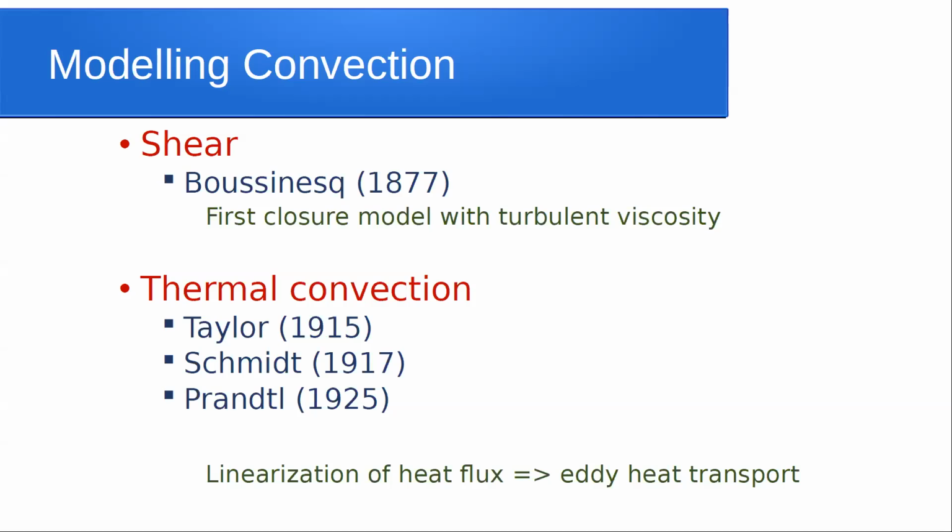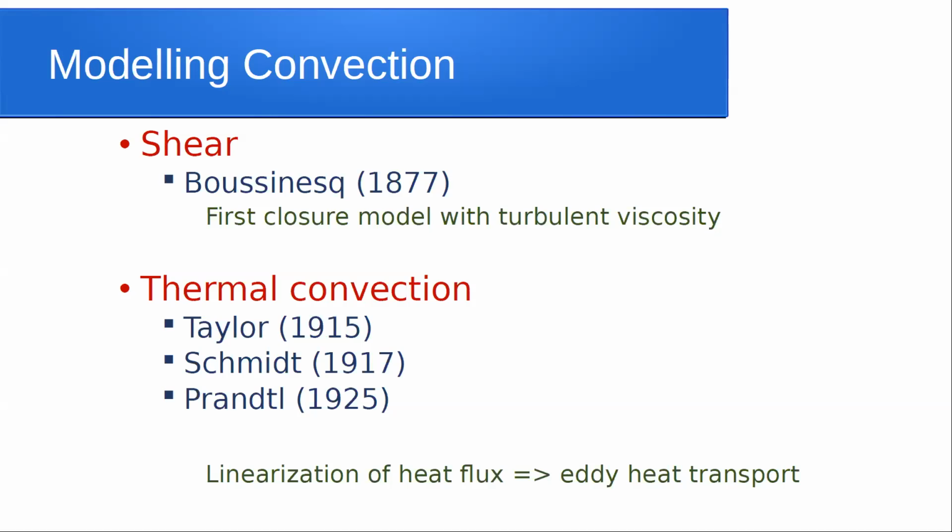Okay, but as far as modeling goes, analytical modeling, you can go way back to Boussinesq in 1877, who had one of the first closure models with a turbulent viscosity. So this thing that I was just describing, this kind of LES type of model for shear turbulence. But the one that we're interested in is thermal convection. It was first done by Taylor in 1915, then followed on independently by Schmidt and Prandtl.